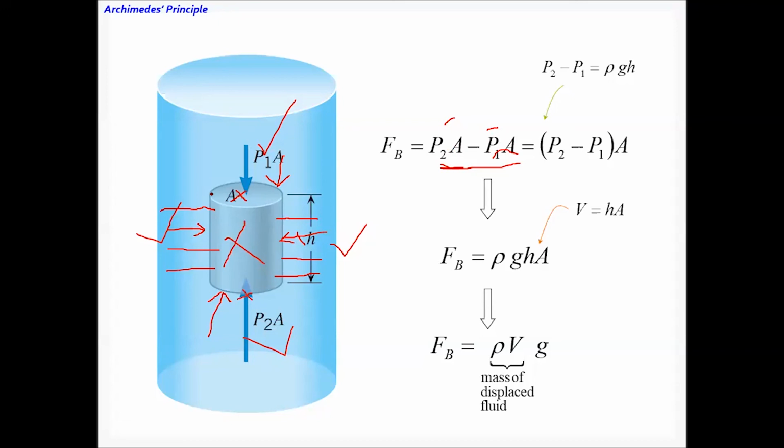This looks circular here, and the bottom is also circular. If the area of the top part is A, the area of the bottom part is also A. So both of them are the same A. That's why I just take it out. If you distribute A throughout, then you get exactly the same thing again. Does it make sense?